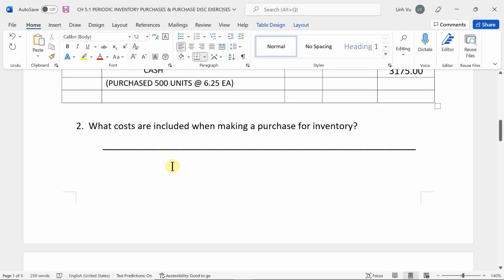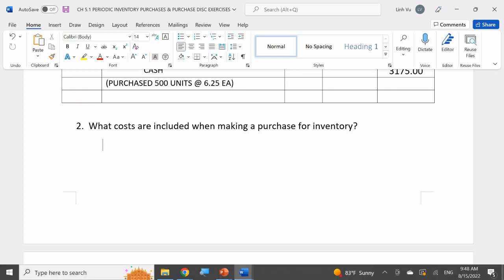Okay. Number 2, what costs are included when making a purchase for inventory? Shipping. What else? Freight. Okay, we already recognized that one. So shipping and handling, in case you have fragile materials.